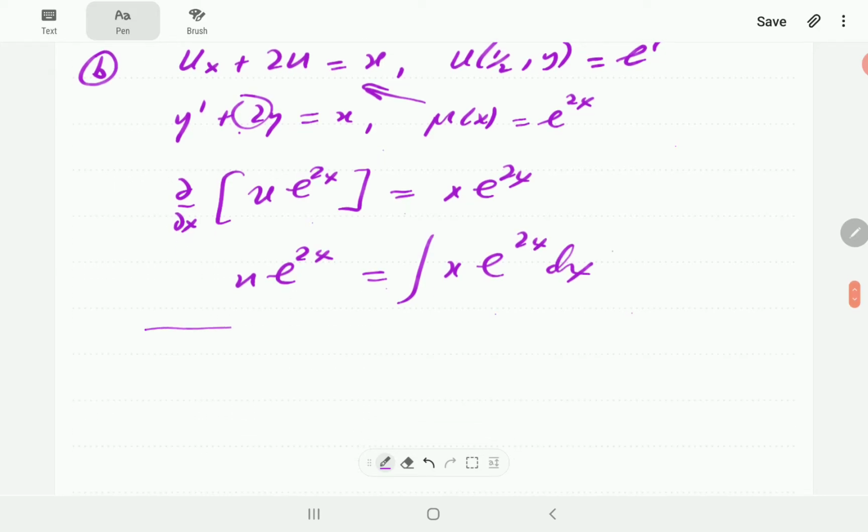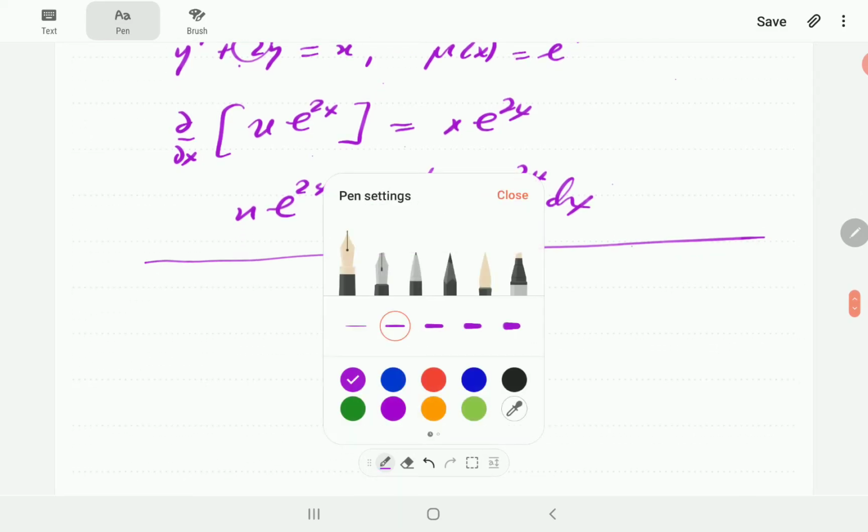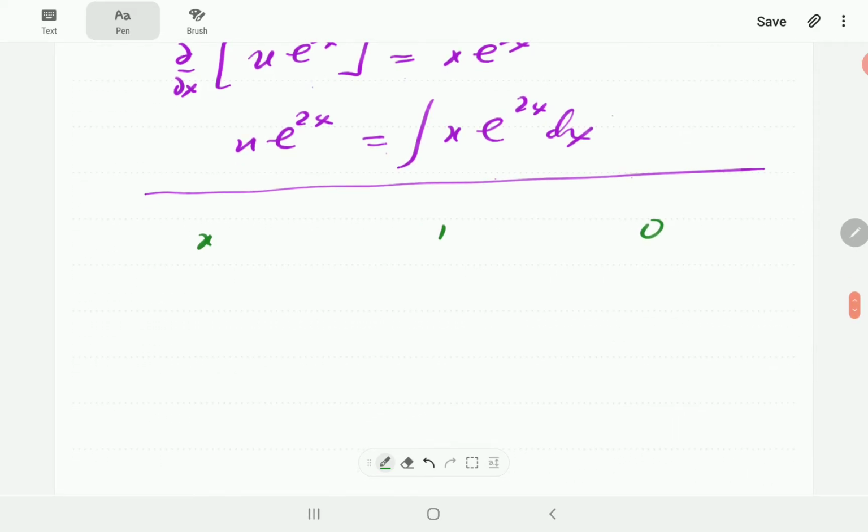Now, whenever we've got a polynomial times an exponential that we want to integrate, tabular integration is always going to be the method of choice. Tabular integration is an abridged version of integration by parts, but typically it works out much quicker than integration by parts.